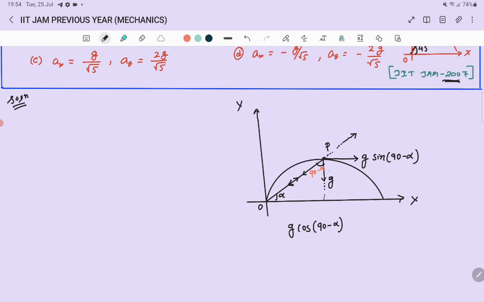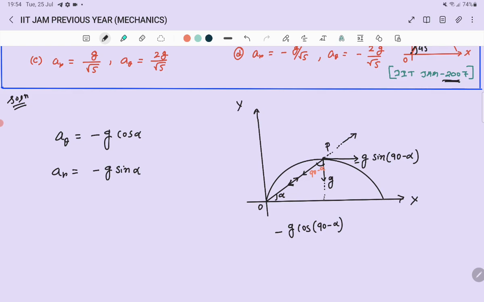But as we choose downward G as negative, we write minus G sin(90 minus alpha) and minus G cos(90 minus alpha). So the transverse component, A theta, is minus G sin(90 minus alpha), which is nothing but minus G cos alpha. And the radial component, AR, is minus G cos(90 minus alpha), which means minus G sin alpha.